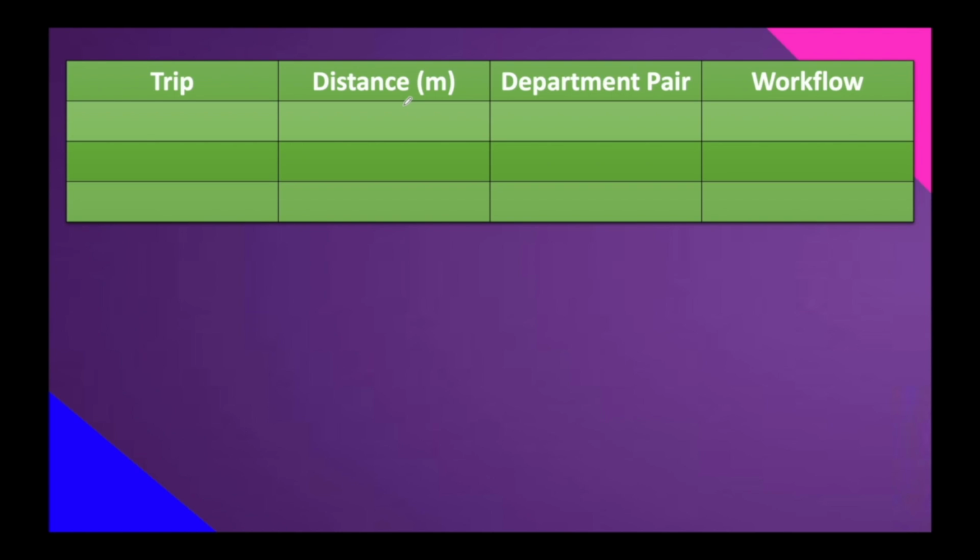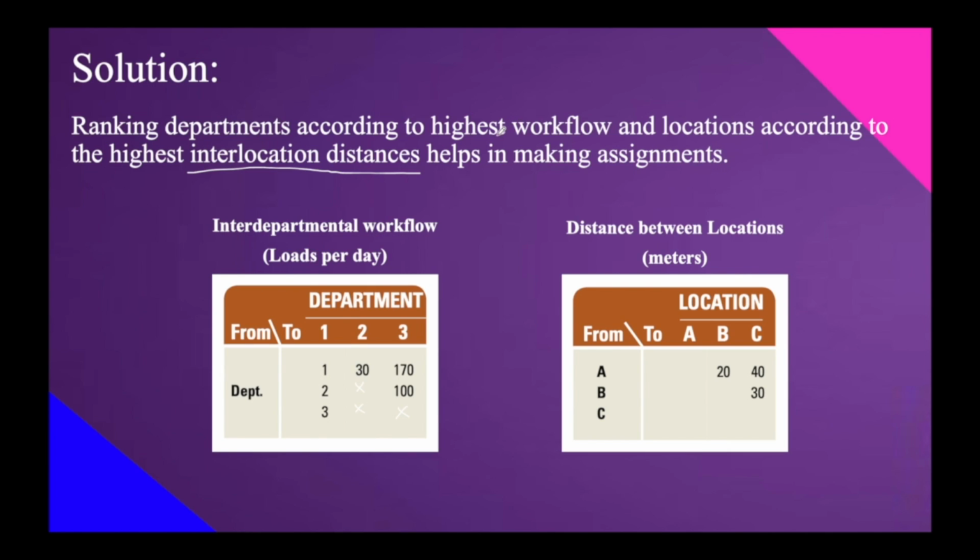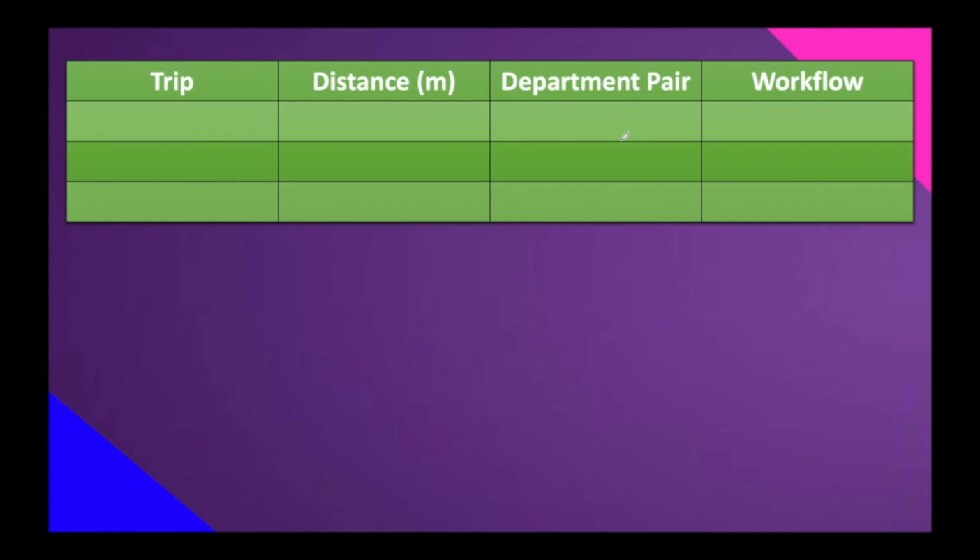It says here, we should rank the departments according to the highest workflow and locations according to the highest interlocation distances. When we say loads, the highest is 170. So 1 to 3 for the load. This is the department pair, department 1 to department 3.